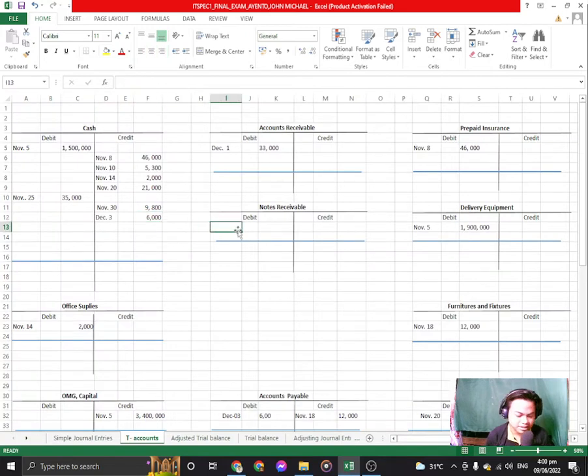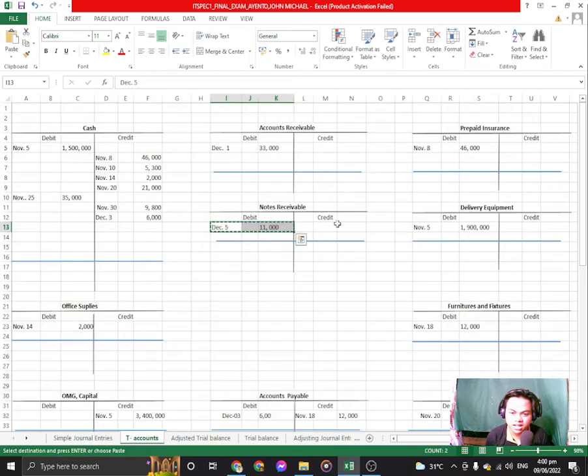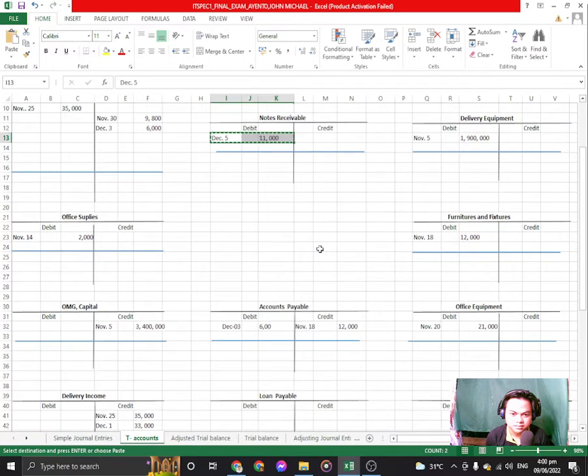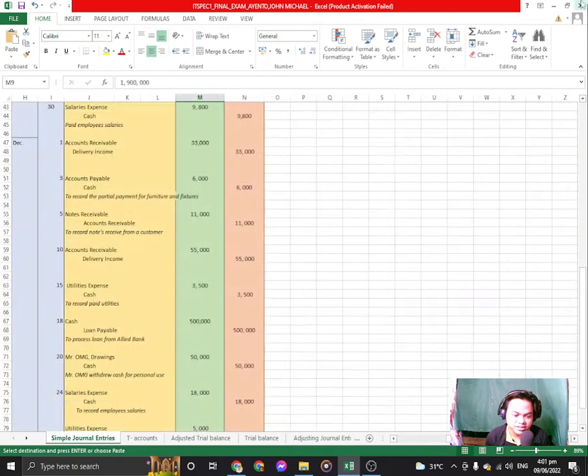Notes payable December 5, we have 11,000 pesos. And then copy na siya. Ang iyahang credit is accounts receivable. Account receivable here, for December 5.